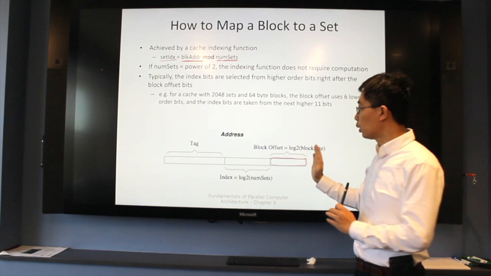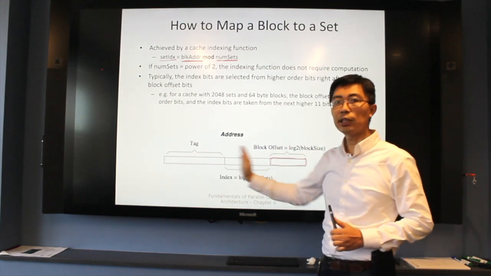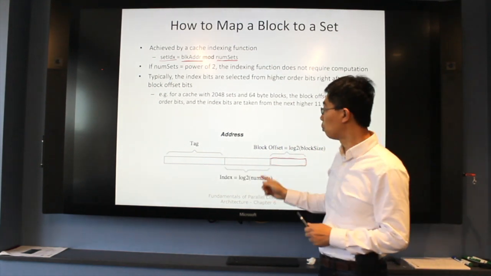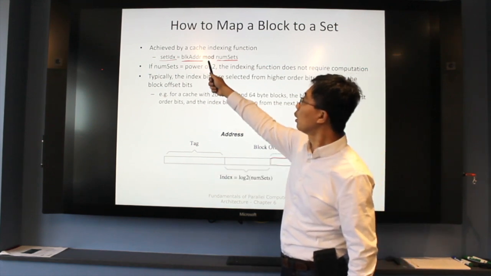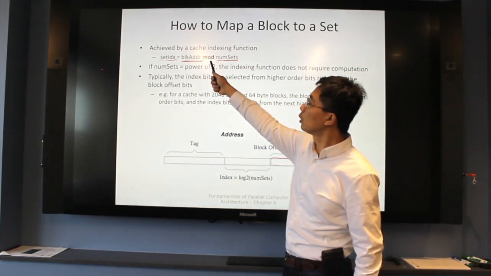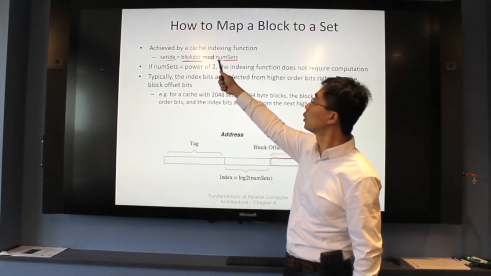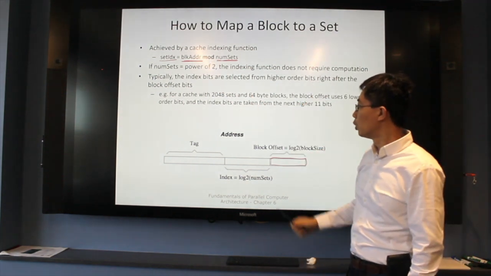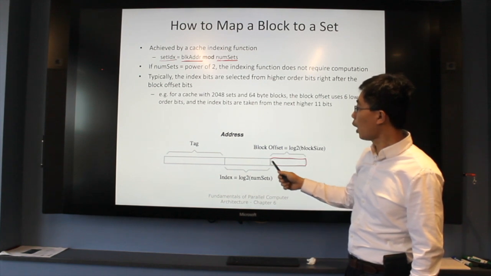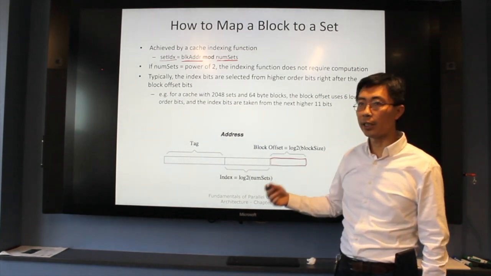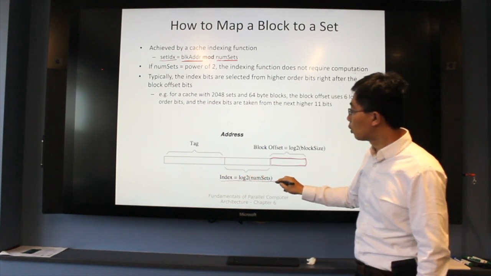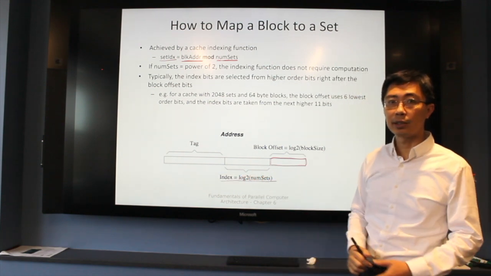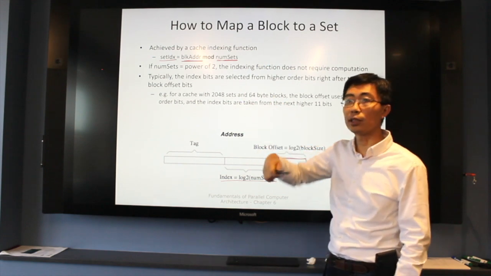Now, the rest of the address is essentially the block address. This is the one that is taken modulo the number of sets. The number of bits used for the set index will be the log 2 of the number of sets, because the number of sets is a power of 2.